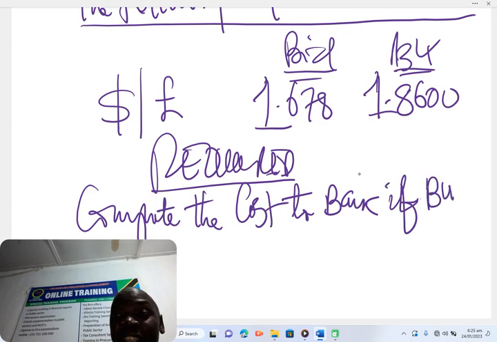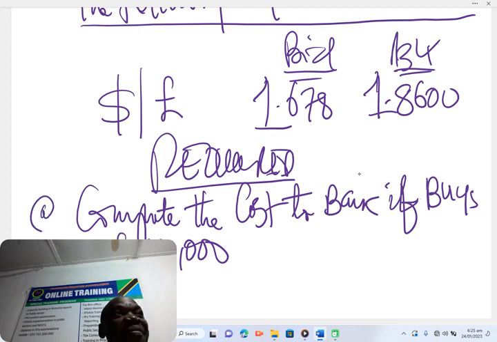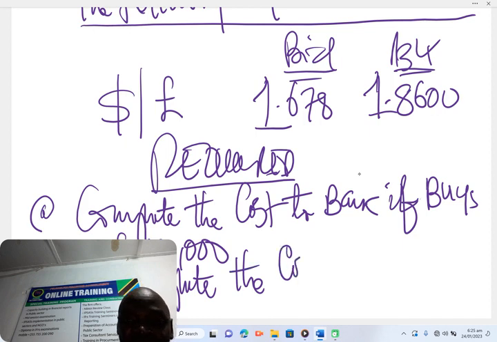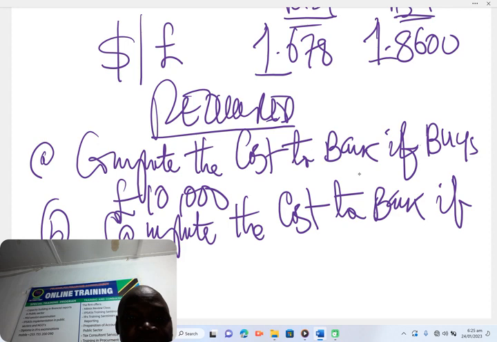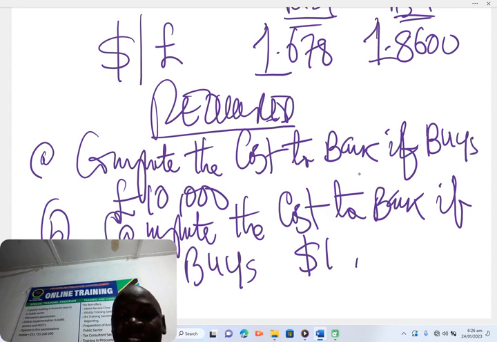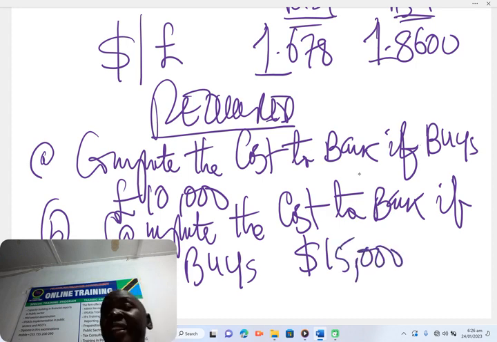if it buys pound 10,000. That is component A. Component B: compute the cost to bank if it buys 15,000 dollars.